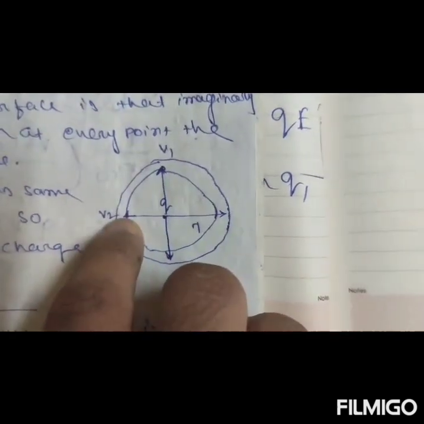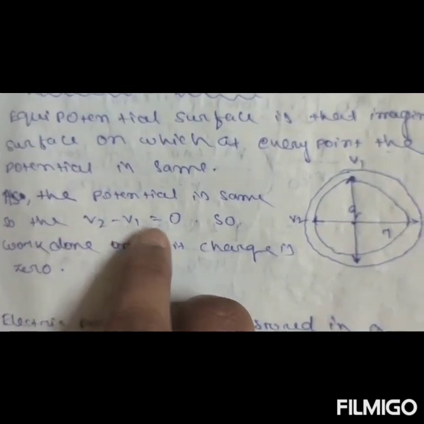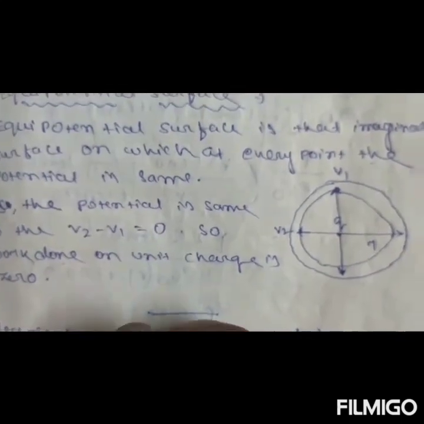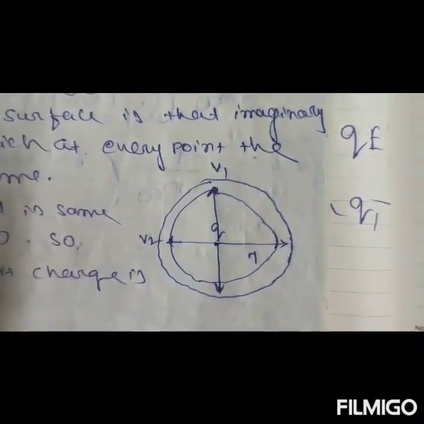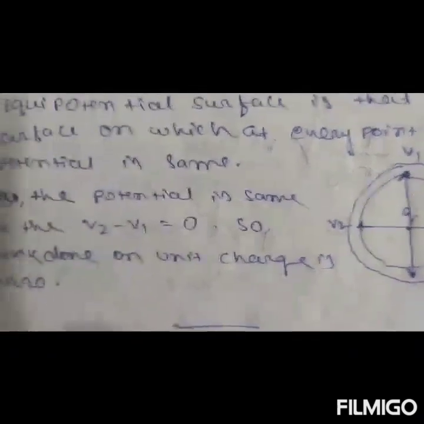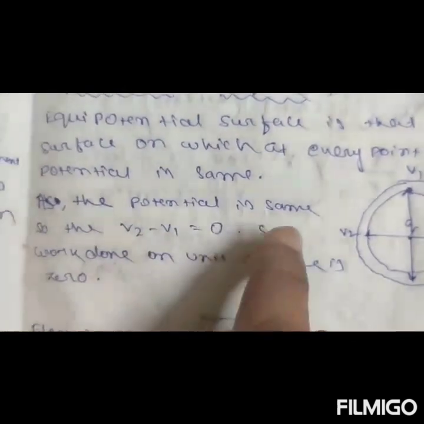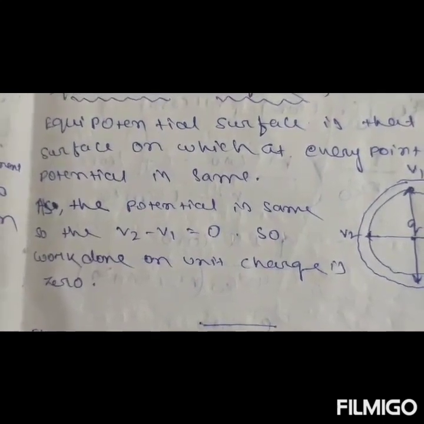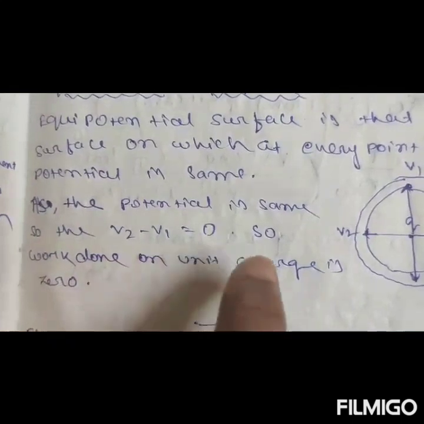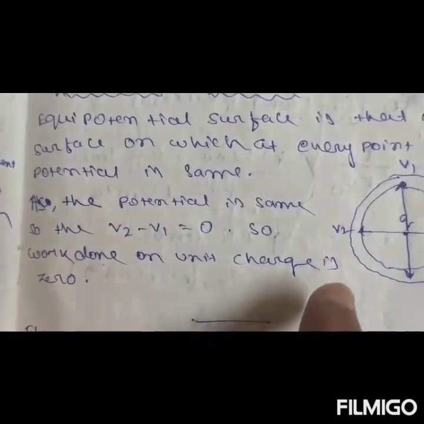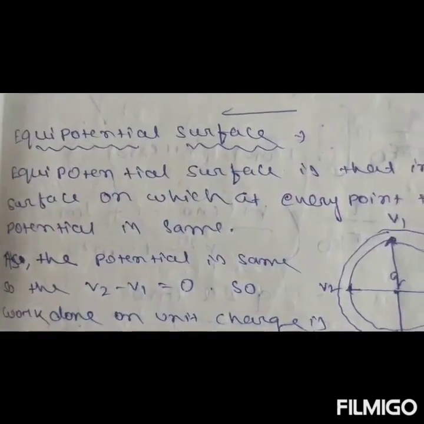As the potential is the same, V2 minus V1 equals 0, because both V2 and V1 are the same. So what should be the work done? The work done is also 0. So work done on a unit charge is 0 for an equipotential surface.